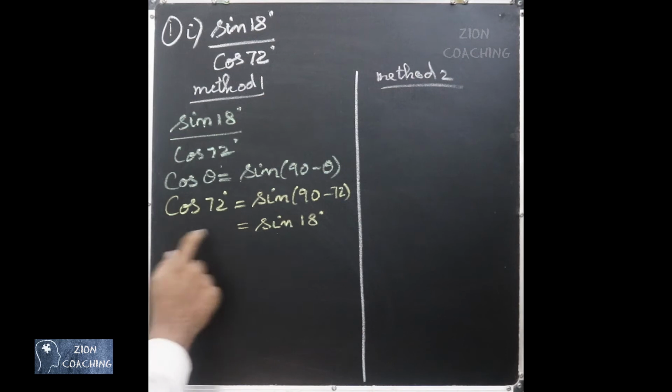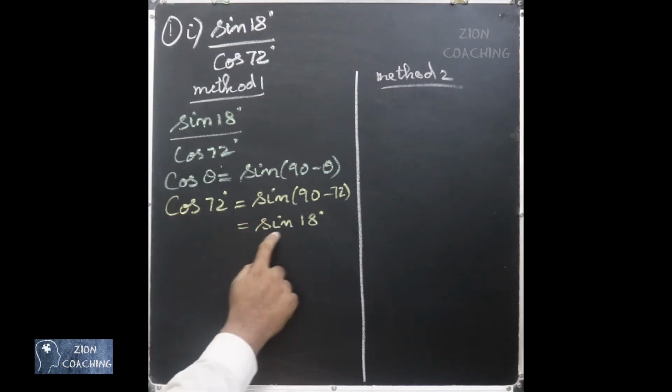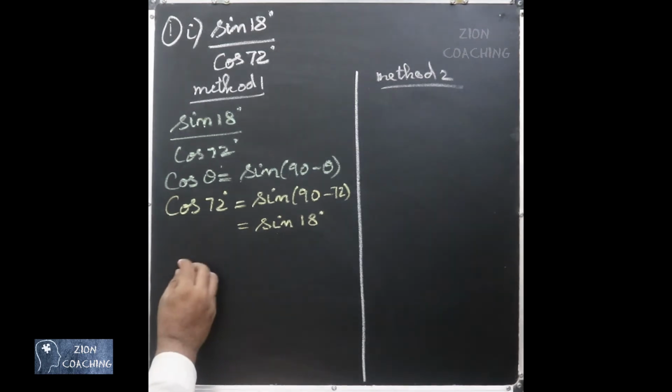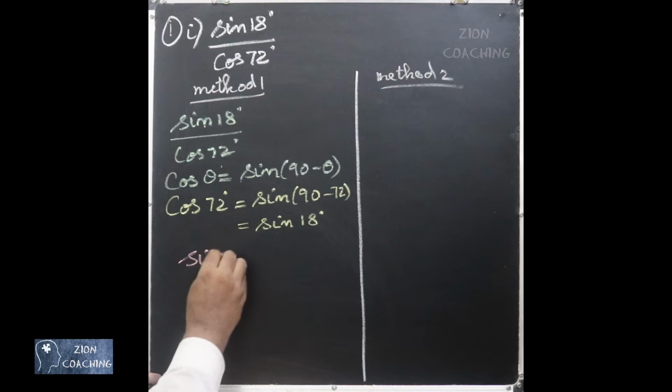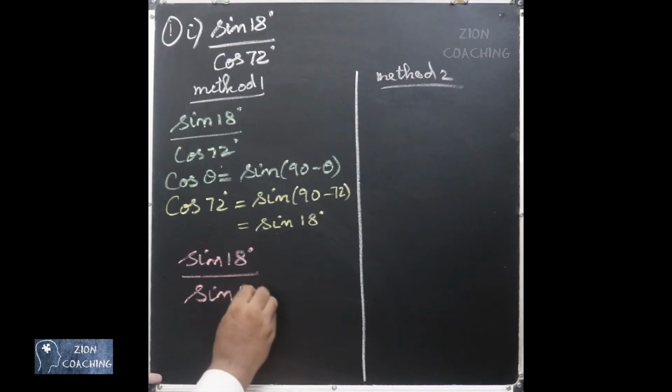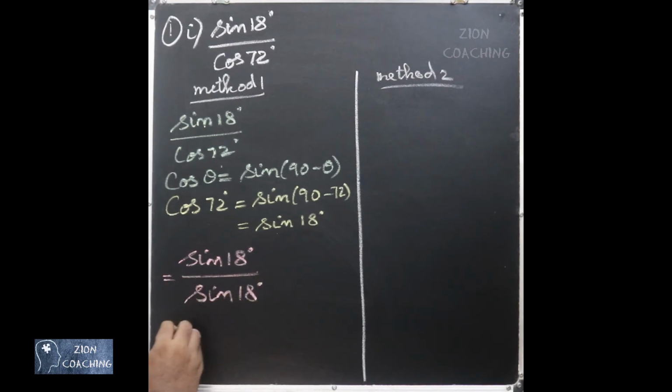Now instead of cos 72 degree we can substitute sin 18 degree. When you substitute in the equation, we are going to have sin 18 degree by sin 18 degree, which is equal to 1.